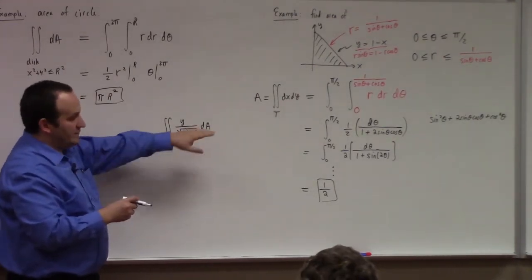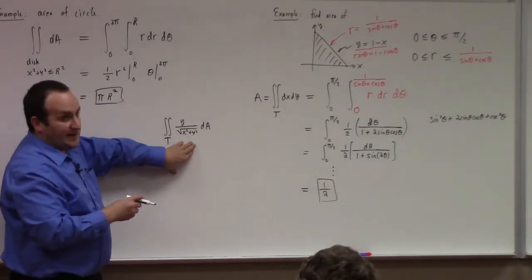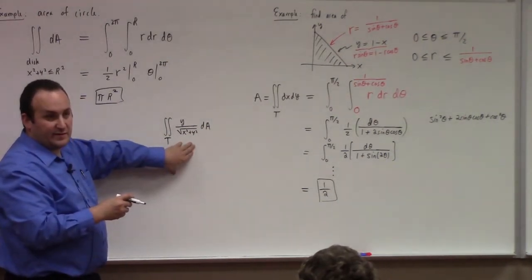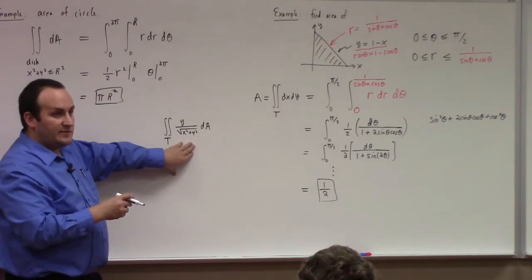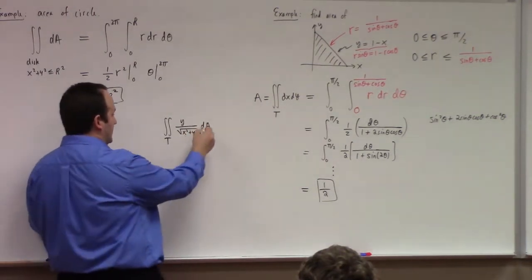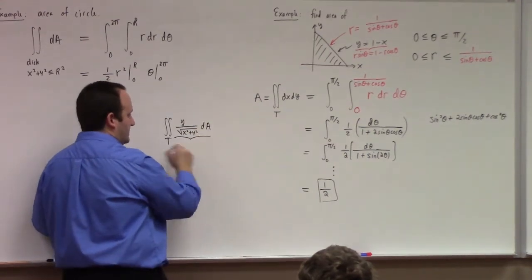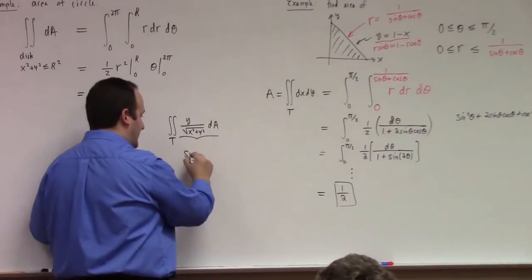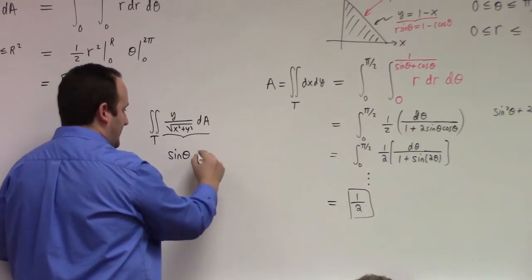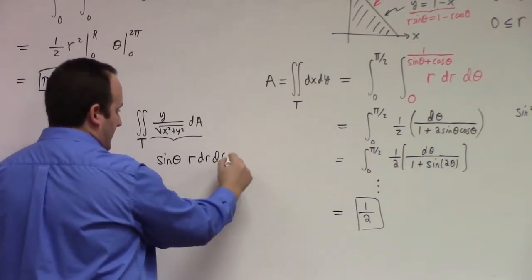It makes sense to do it the way we did it because this integrand has a certain polar aspect to it, right? Like this integrand becomes really, really simple in polar coordinates. What is this? Yeah, this is sine theta, and then dA becomes, of course, r dr d theta.